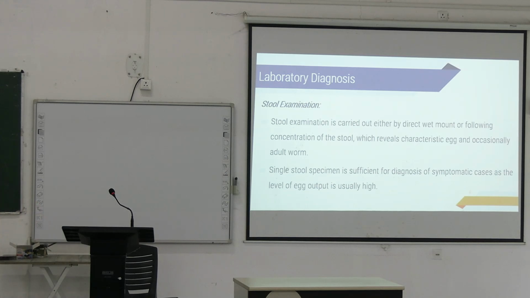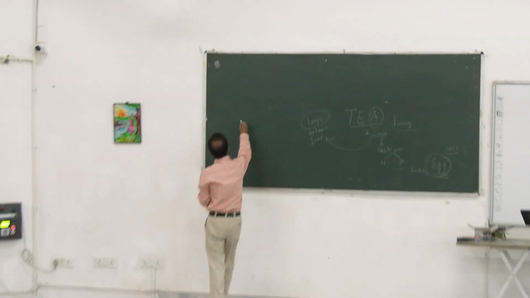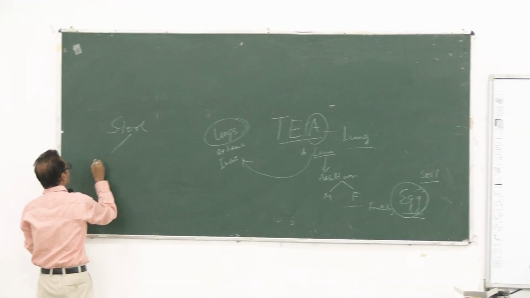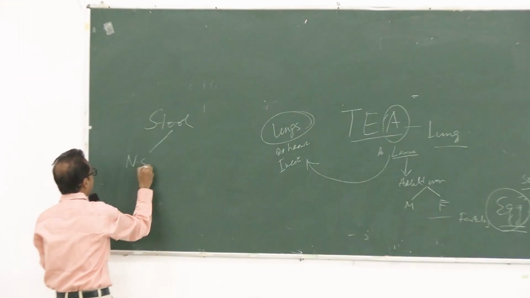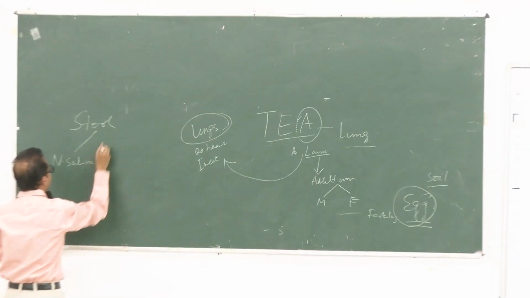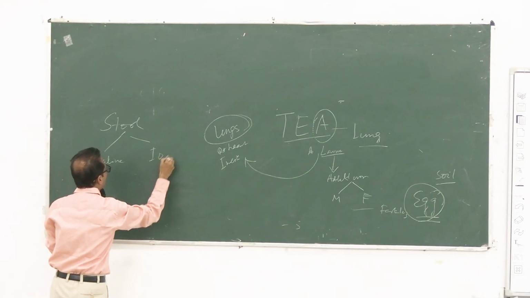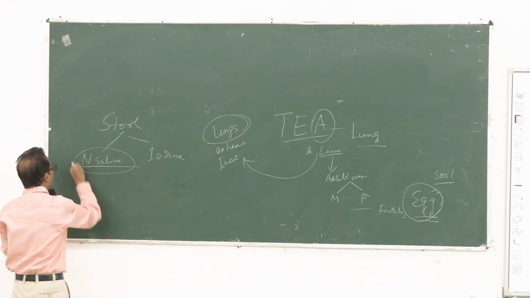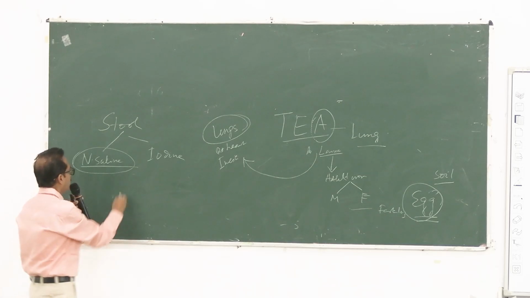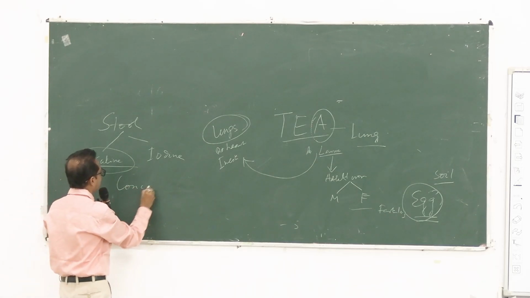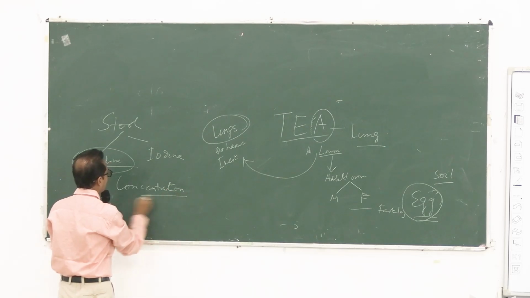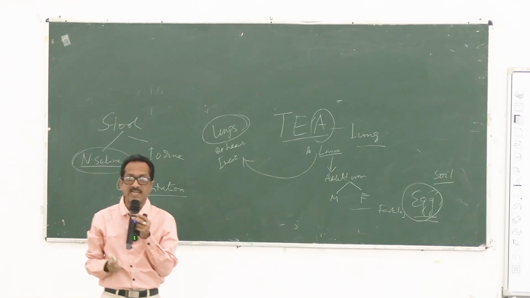What is usually done is the same for all the nematodes. For stool, there are two mounts, either a normal saline mount or an iodine mount. And in some cases, we need to use a concentration method. What are the concentration methods used in stool? You already had a class.